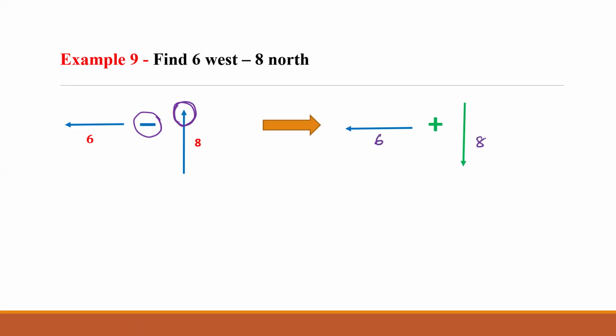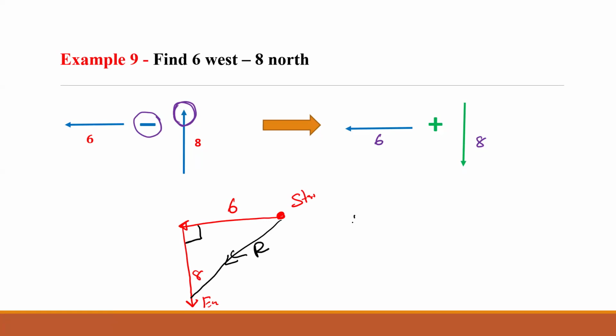So how do you add these two together now? You draw the vector triangle. You can start with either 8 or 6, that doesn't matter. Let's start with the 6. This is the start, and you go 6 units towards the left, and then 8 units down. Then this is your end. Start to end gives you the resultant. This is a right angle triangle, so you can find this length using the Pythagoras theorem.